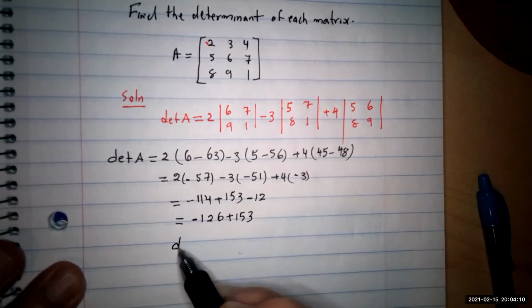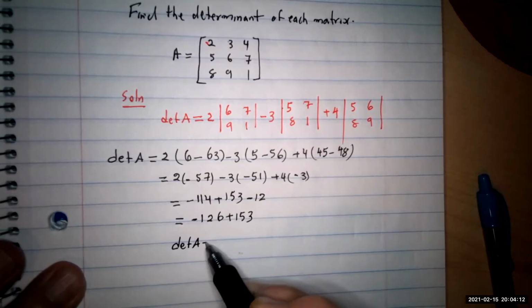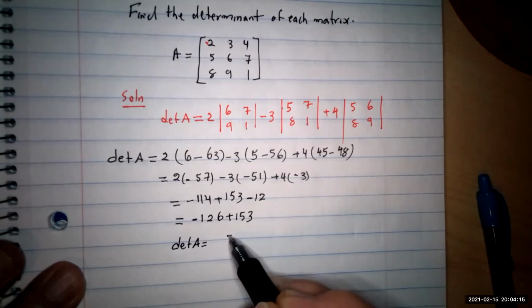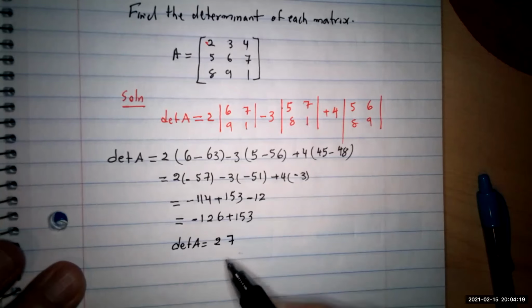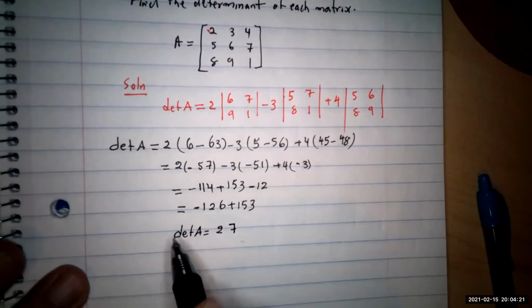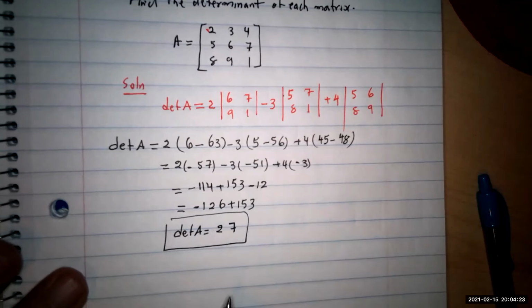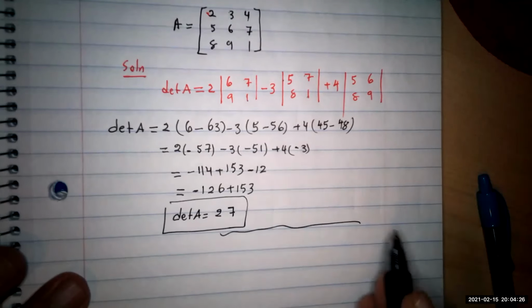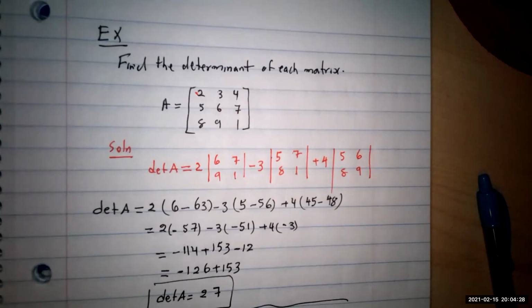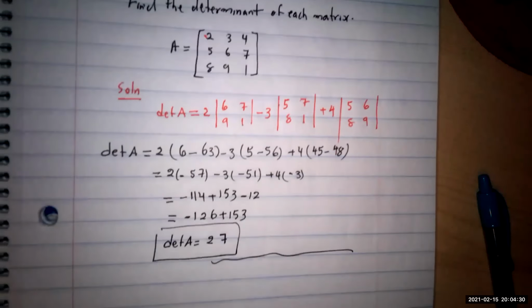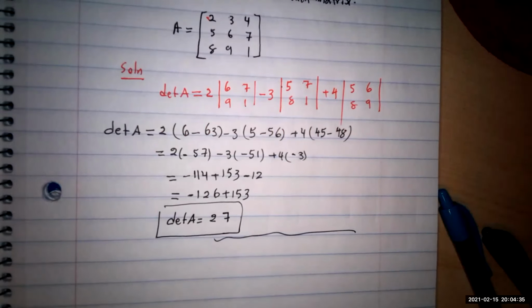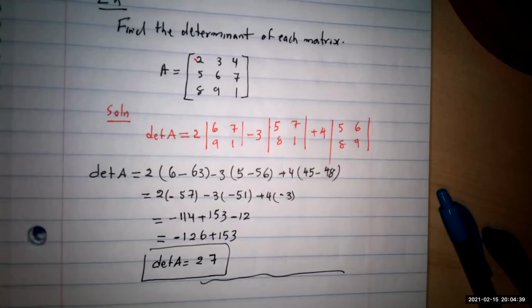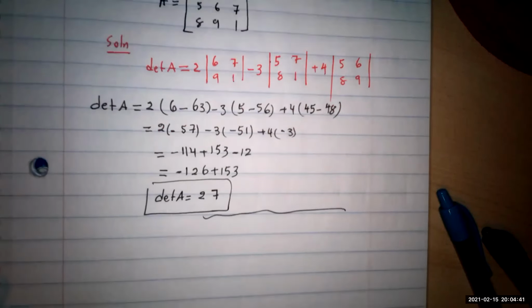And if you subtract, the result is going to be 27. So the determinant would be 27. Okay, not a big deal to start with. Most of the time when we have a 3 by 3, we are going to have some other easy method to simplify it. That's type 1. Type 2 problems are going to be more specific.